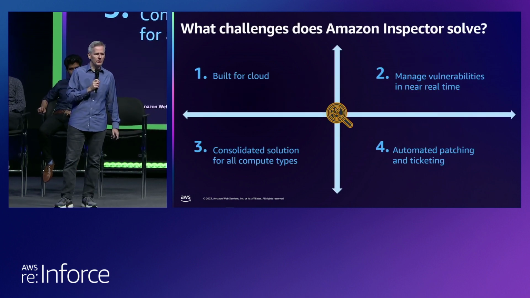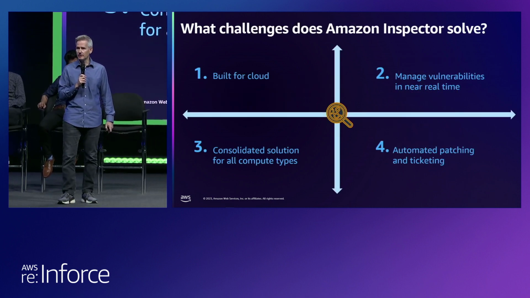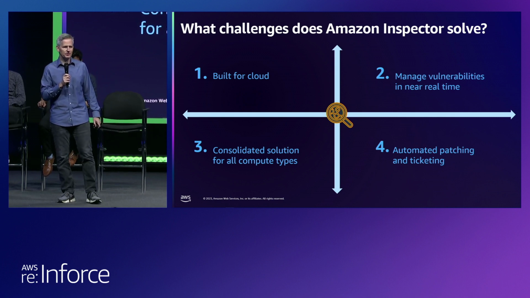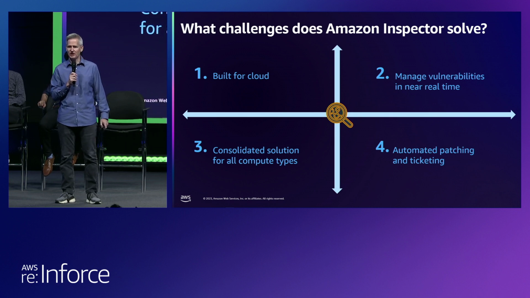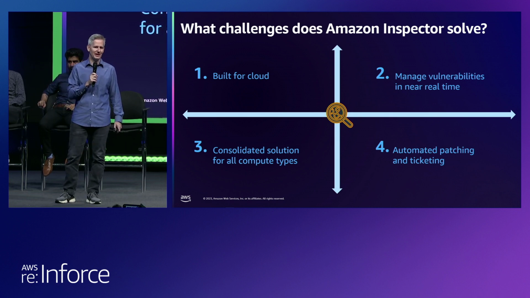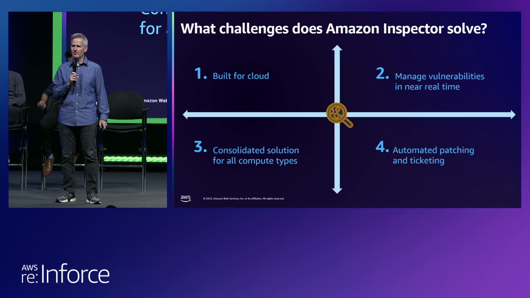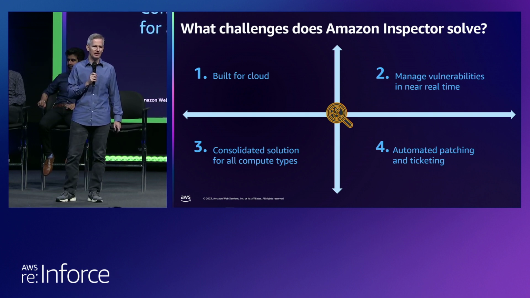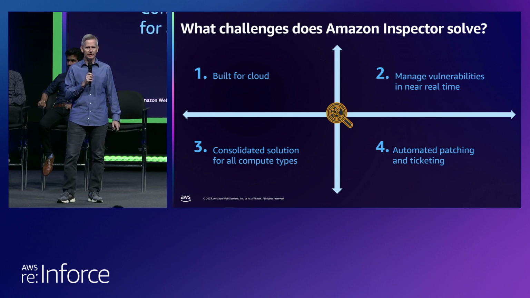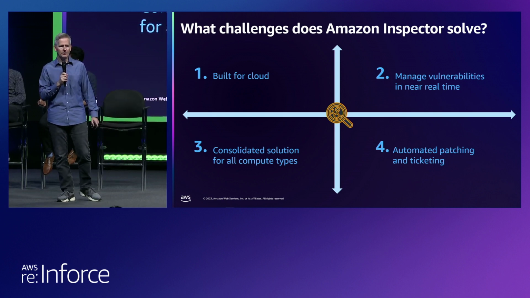So when we went to rebuild Inspector, we asked customers, what problems do you have with traditional vulnerability management systems? What should we be thinking about? And customers came back with really 4 core areas that they told us to take a look at. Number 1 was they wanted a solution built for cloud. What does that mean?